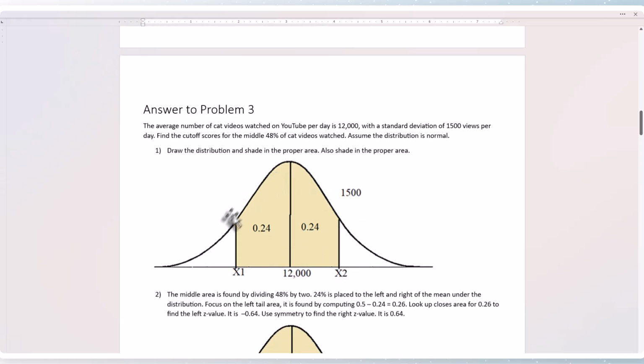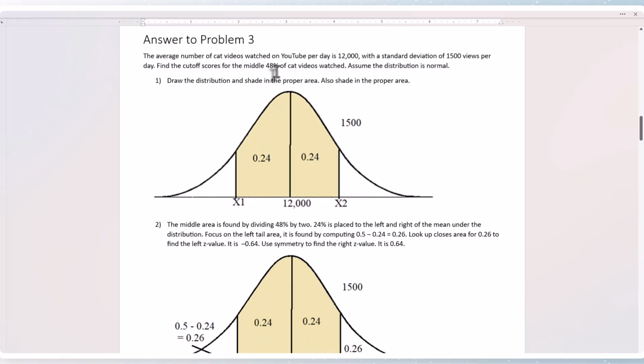So we have a normal distribution. 12,000 is the average. 1,500 is the standard deviation. Now, when it's a middle 48%, we divide that by 2 to get 24%. So we put 0.24 on the left side of the mean and another 0.24 on the right side of the mean. This represents the middle 48% of the area.